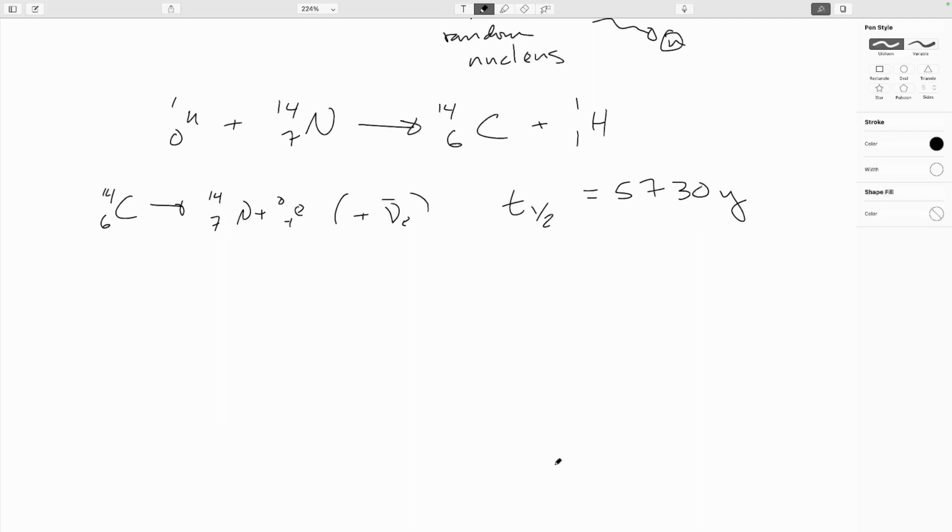The trees would have been bringing in carbon dioxide from the atmosphere. And because of this process that was occurring in the Earth's atmosphere from the cosmic rays, the ratio of carbon-14 to carbon-12 in the atmosphere is a known number.